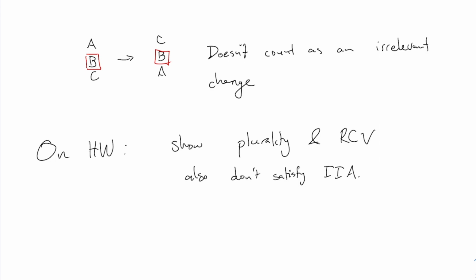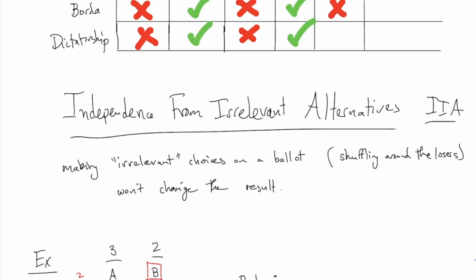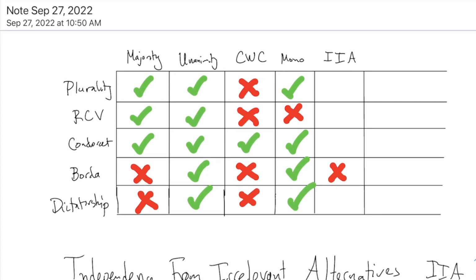Actually, you can use the Bush-Gore-Nader election as an example of this, where if you change around the positions of two of the losers, you can make somebody else become the winner. So this you will do on the homework for next week. Let's just pretend that we all did that already. The plurality and the ranked choice both do not satisfy the IIA.